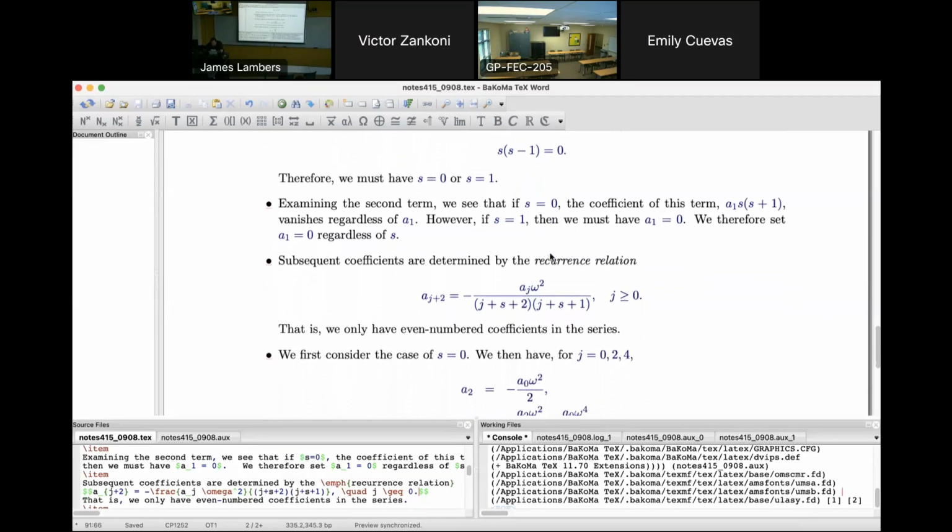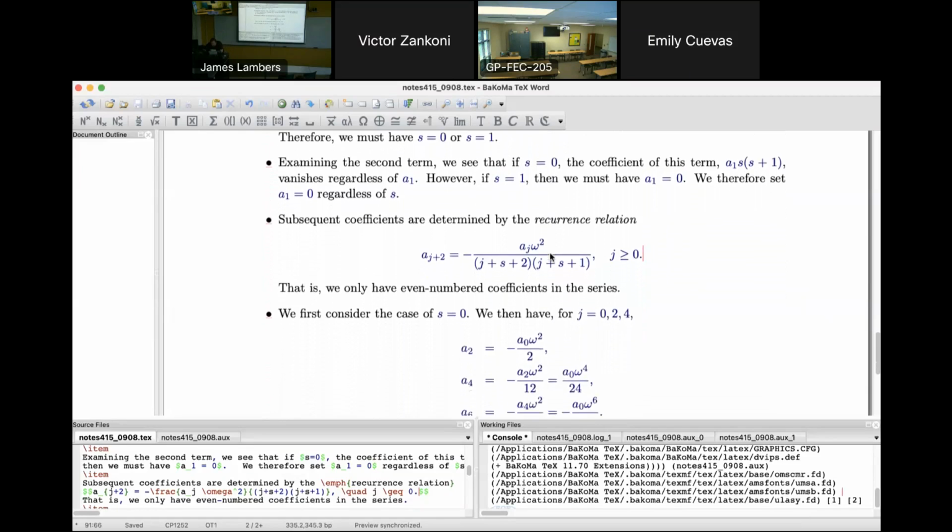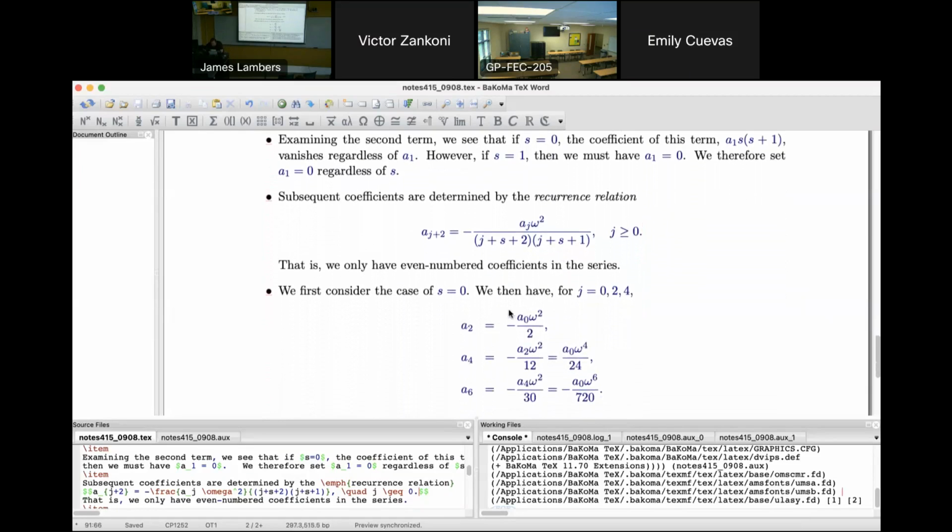All right, so we're going to let s equal 0 and see what happens. The idea is to compute some coefficients using this recurrence relation and see what patterns, if any, we get. So a2, I go ahead and compute from a0. I haven't stipulated the value of a0 yet, but I will a little later.